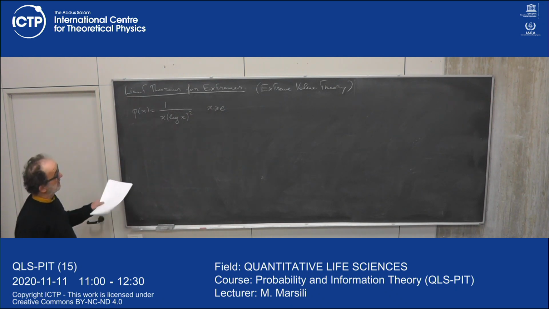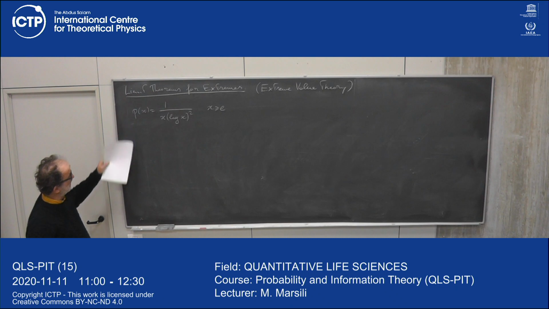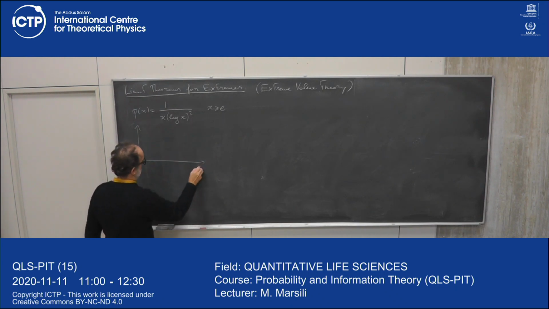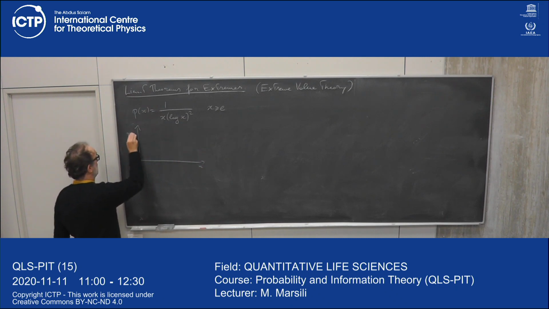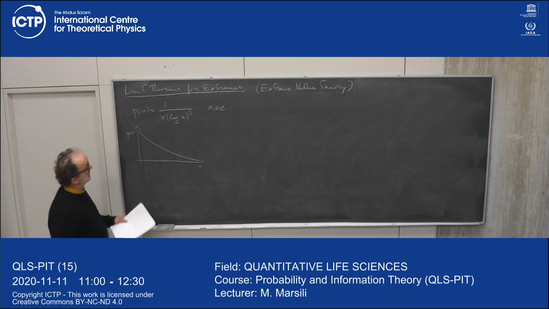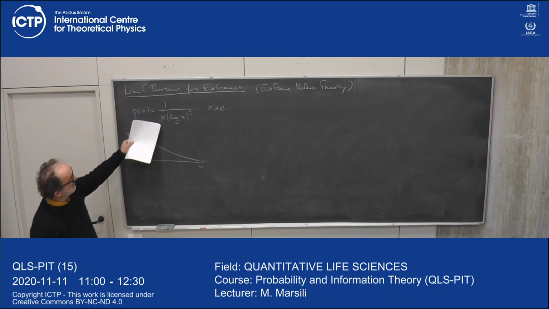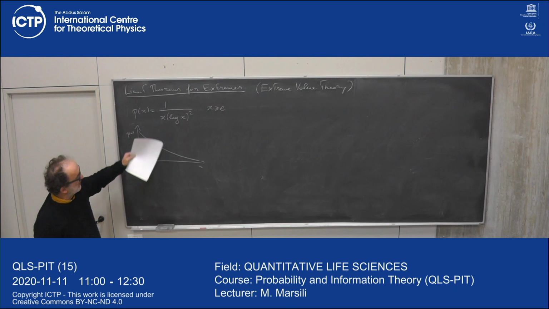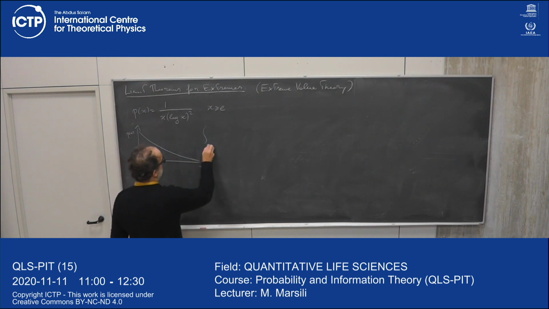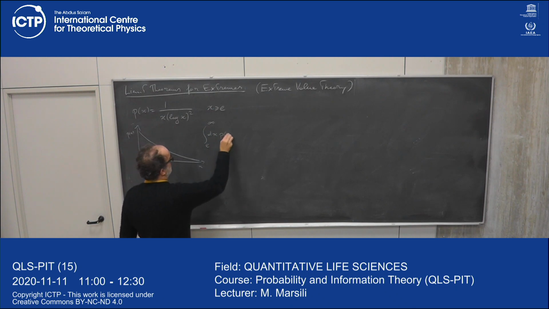So you see, this is a probability distribution that goes to 0 extremely slowly, very, very slowly. It goes as 1 over x divided by a logarithmic correction, which is barely normalizable. So you can check that the integral from e to infinity of dx p(x) is equal to 1.